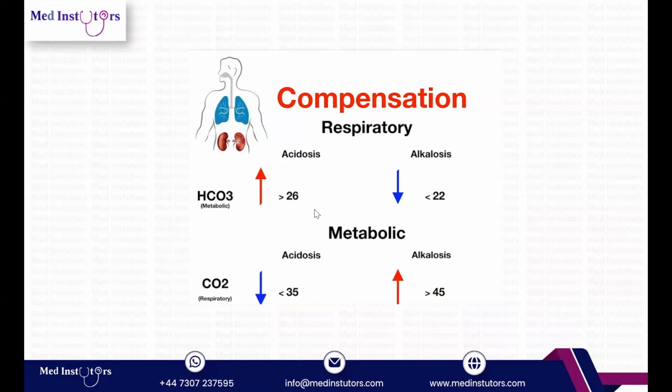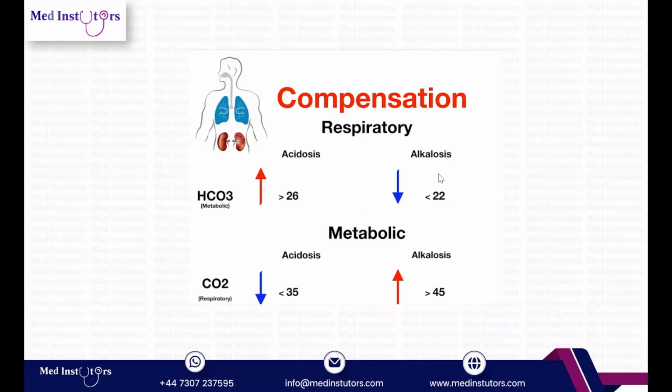If you want to see whether any metabolic compensation is going on, then the bicarb level should be more than 26. That means in order to compensate, the level of bicarbonate should exceed its normal range. If it is still lying between 22 and 26, that means there is no compensation going on.